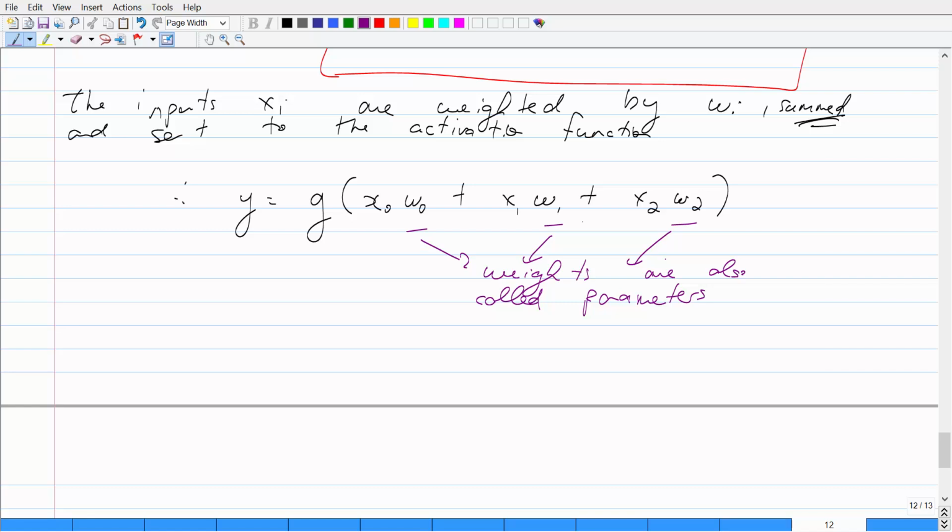And then the input units, right here, these guys, are also called nodes, which kind of makes sense if you take a look at the picture. So when I use input units or when I use nodes, I'm going to use them interchangeably. They pretty much mean the same thing.